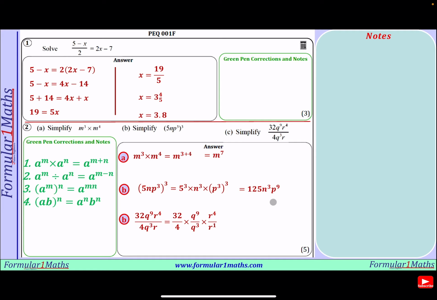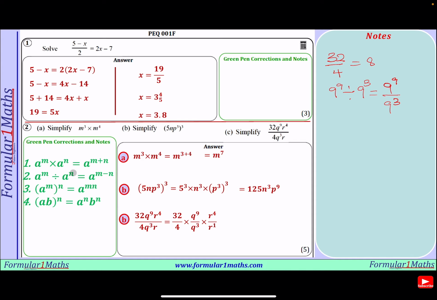Now we know that 32 over 4 is equal to 8. Now q to the power 9 divided by q to the power 3, which looks like rule number 2, is actually the same as q to the power 9 divided by q to the power 3.